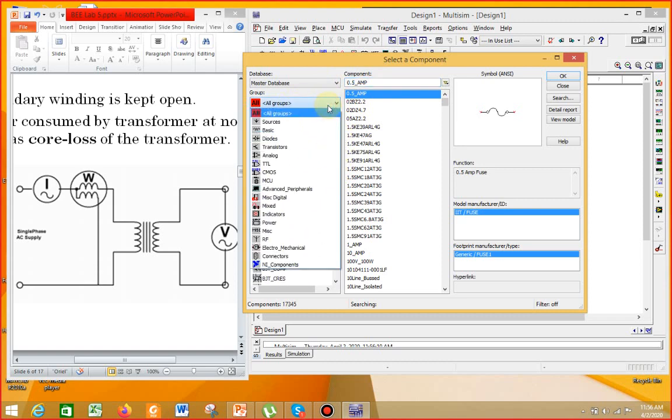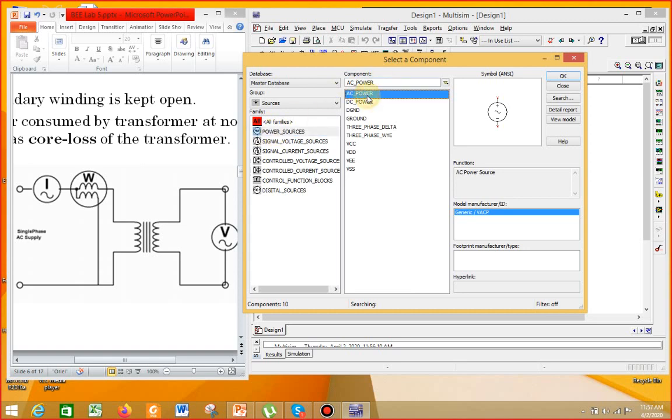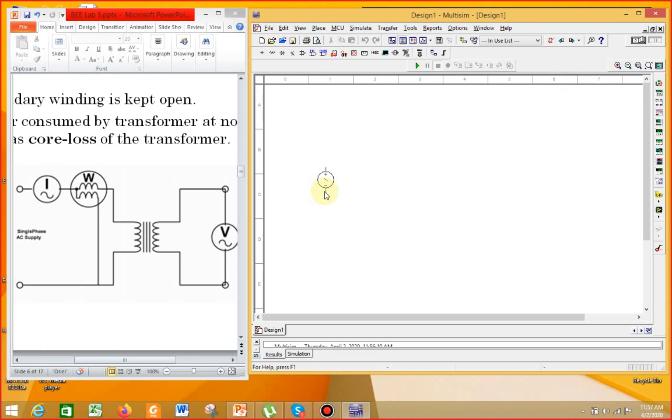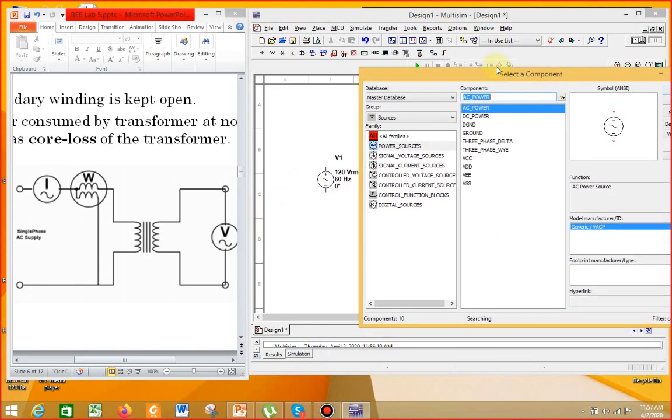Just click on this group and go to sources. In the sources, click on AC power. You can simply click here, or click on power sources and you will get the AC power. Click on OK. Here you go, you have got your AC power over here.